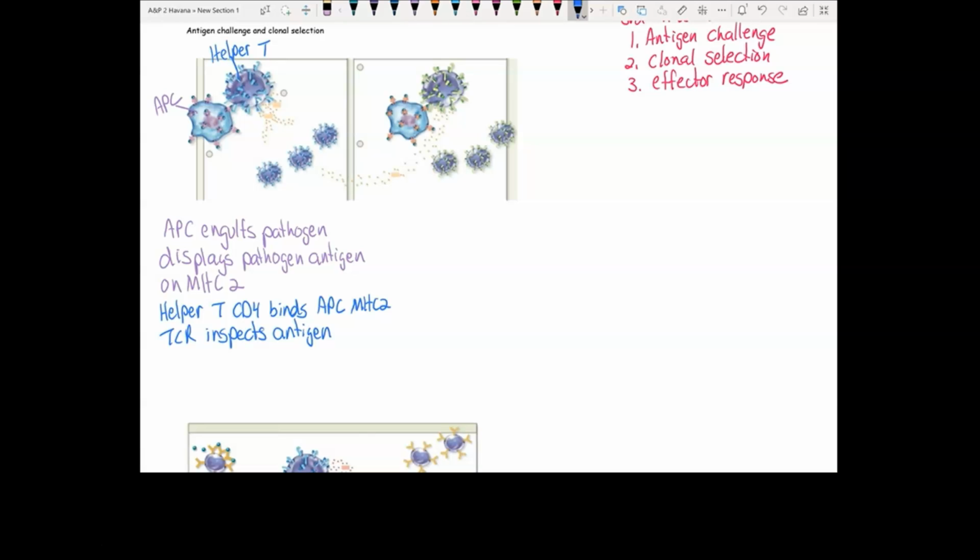You just have to go up to each helper T and do this process of the CD4 binds the MHC2, then the TCR inspects the antigen, until you find your match. This is why it's a delay in the third line, because it might take a few days of trial and error before you find that match. Once you find the match, you activate this helper T.